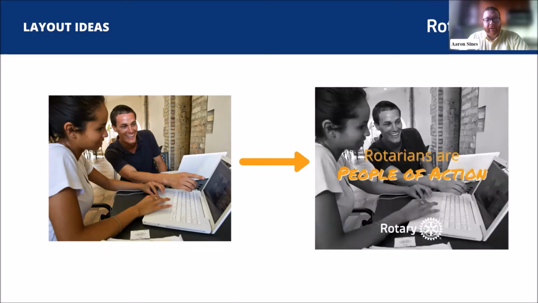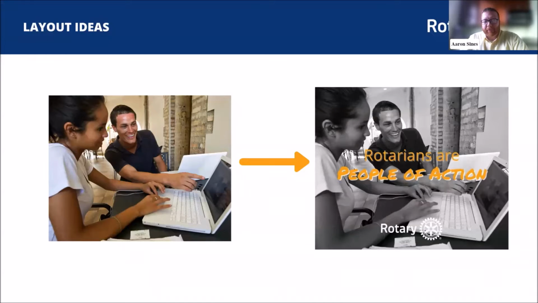And then in the same box, you put a little hue of a different color to make it stand out. And then you can also make it a little bit more dramatic by reducing the saturation all the way down, making the photo black and white, and it really makes your letters stand out and pop.